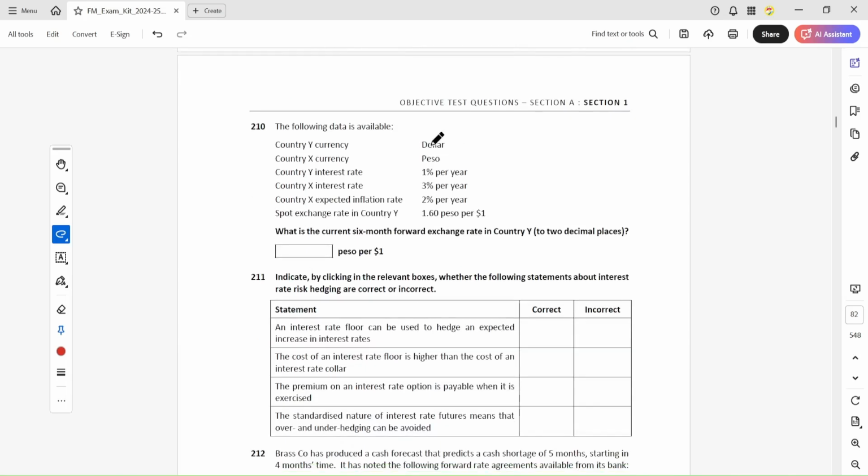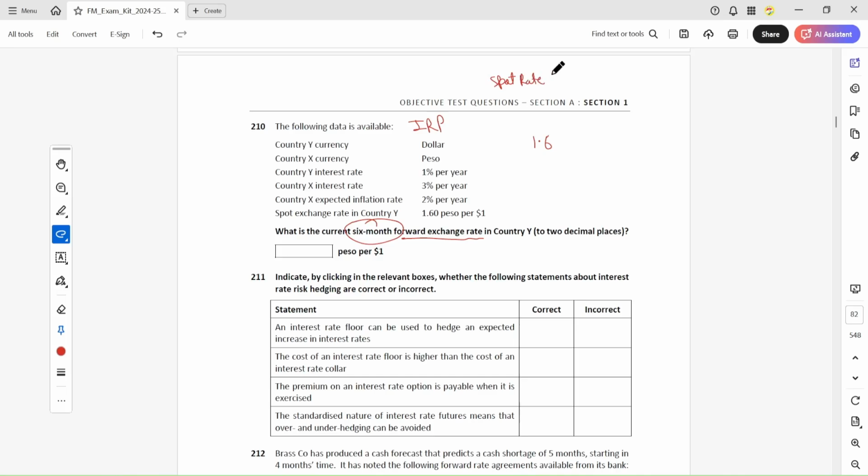Okay. Which of the following data is available? What is the 6-month forward exchange rate in country Y? Forward exchange rate in 6 months' time. So this is an interest rate parity theory question. How can we calculate it? We take the spot rate. What is the formula?